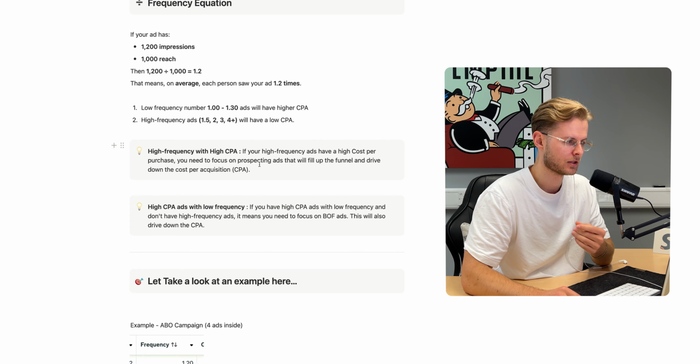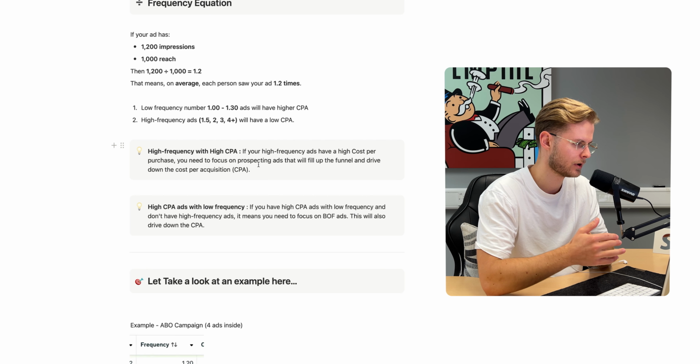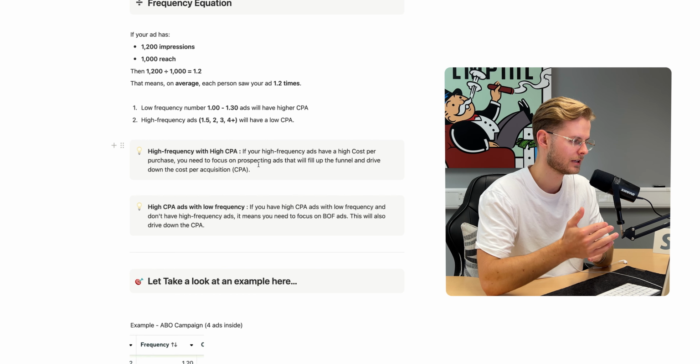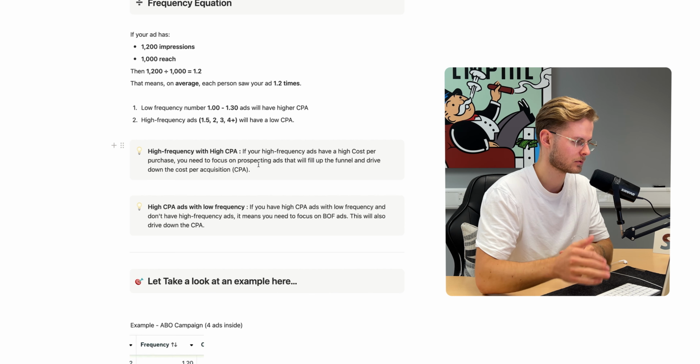This means these ads are being seen by the same people over and over again, driving up your frequency. Have a look at this on a 7-day window, maybe a 14-day window and a 30-day window, and see exactly how many times your ads are being shown to the same customers.